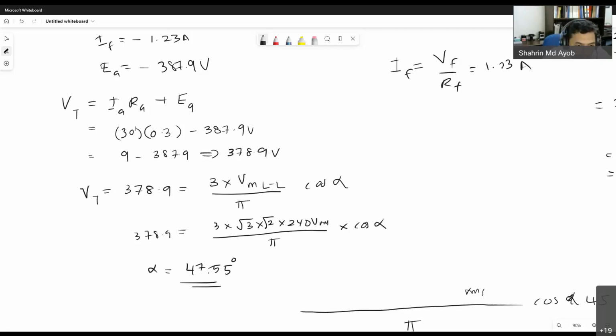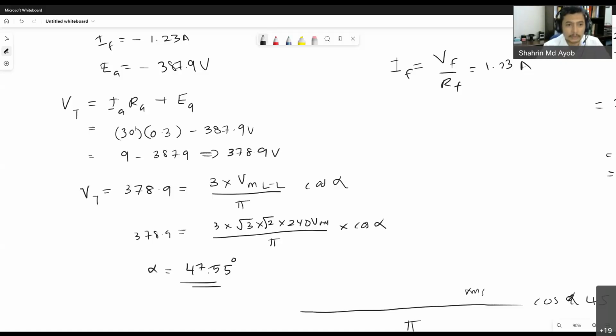Is it the same with the answer? Oh, it is different. I have to double check because the answer is actually not similar. 378 is correct. 3 VM line to line, what is the problem? Something is wrong here.